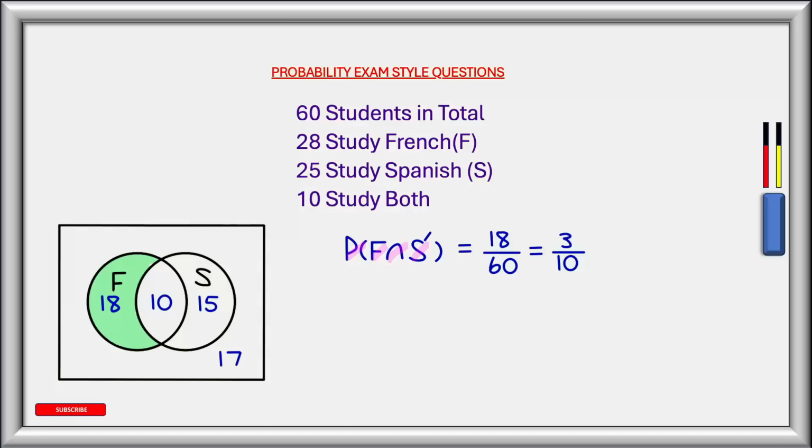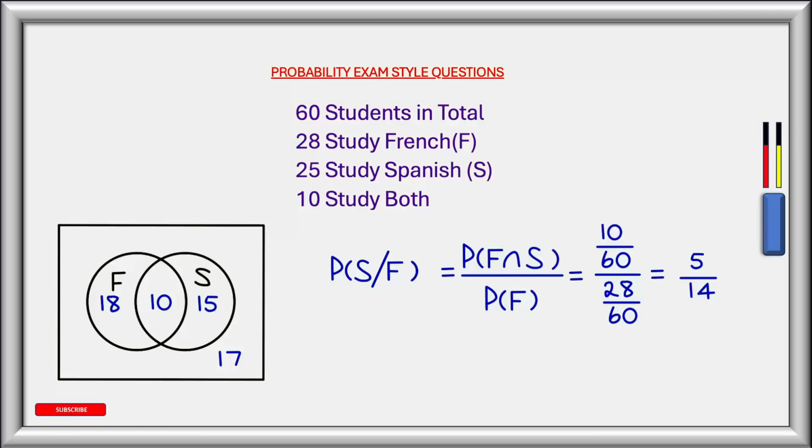So the common part, or the intersection of these two groups, is shown by the green shaded region here on the Venn diagram. And that group has 18 students. So our probability is 18 divided by the total sample space, which is 60, and this gives us a probability of 3/10.